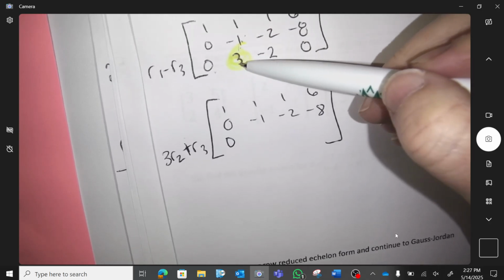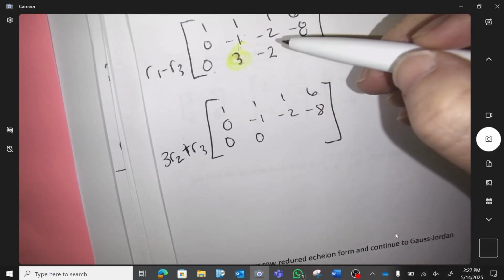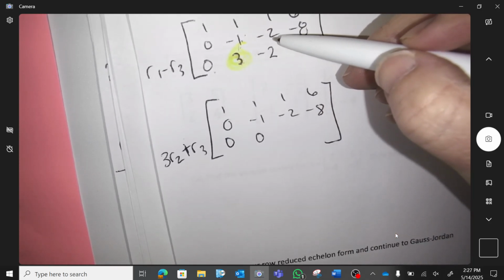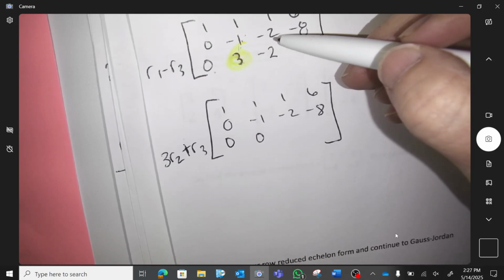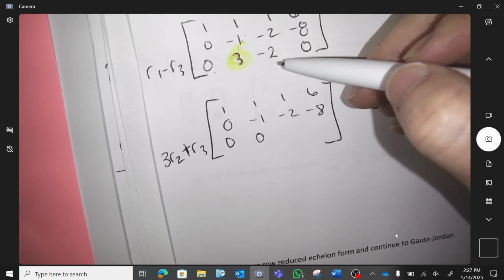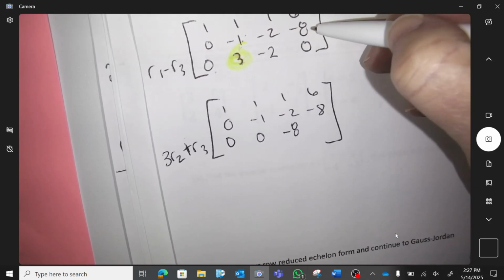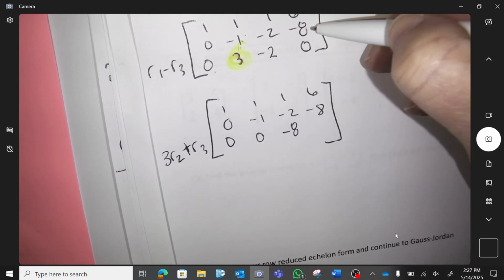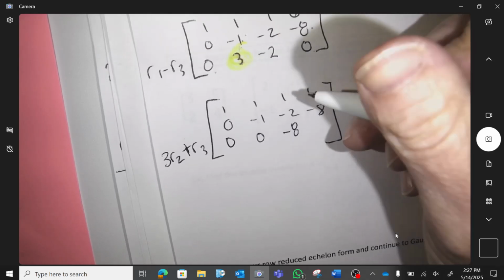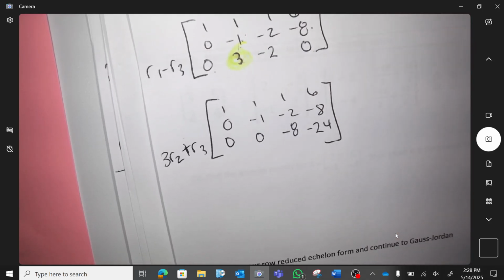So negative 3 plus 3 is 0. Triple is negative 6 plus negative 2, negative 8. Triple, negative 24, plus 0. Ta-da! You're done row reduction work.